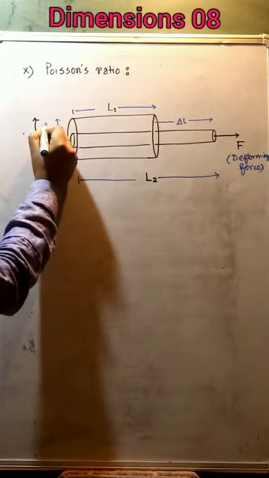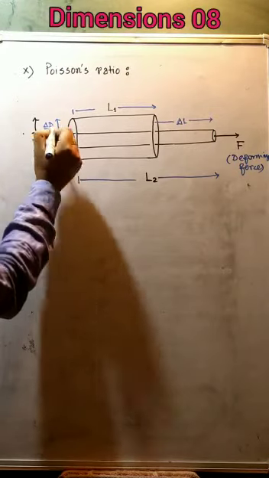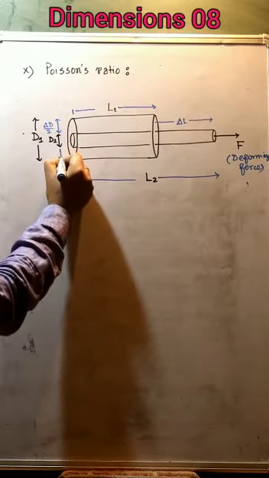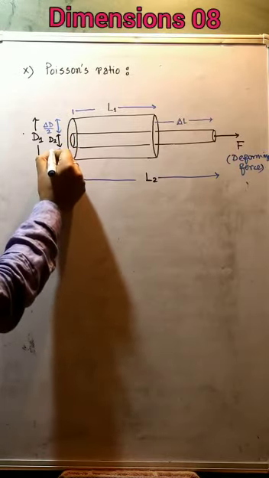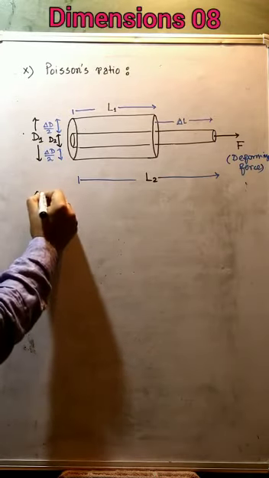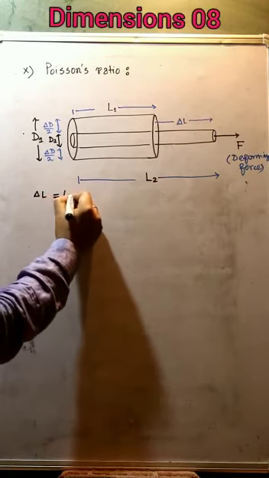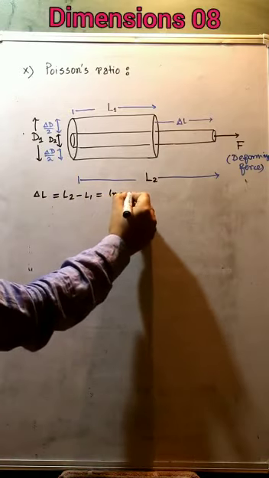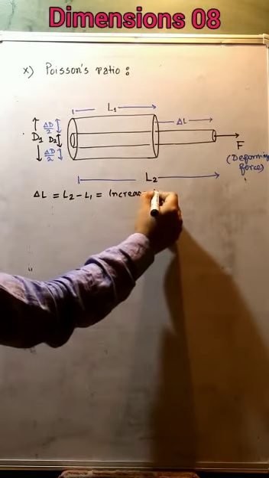This is delta D divided by 2 in the upper portion, and this is also delta D by 2 in the lower portion. So delta L is the final length L2 minus L1, which is the increase in length.